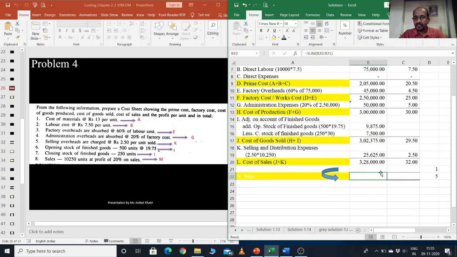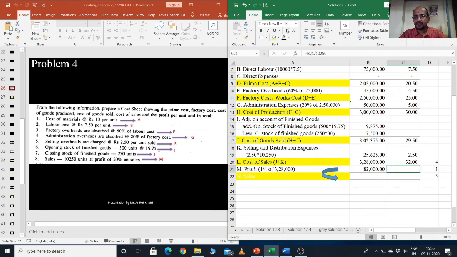But we know that when we don't have this particular amount, if we have this amount, then by applying relations, we can calculate. So this amount will be 1/4 of this particular amount. Okay, 1/4, right? So just do the calculation, 3,20,000 divided by 4, and this will be your profit figure.